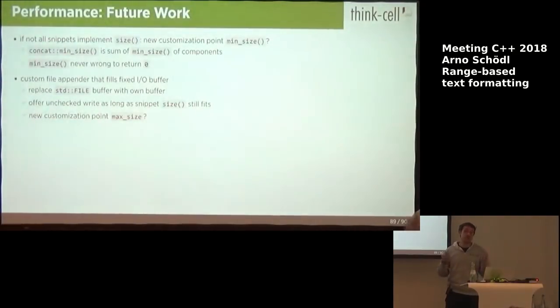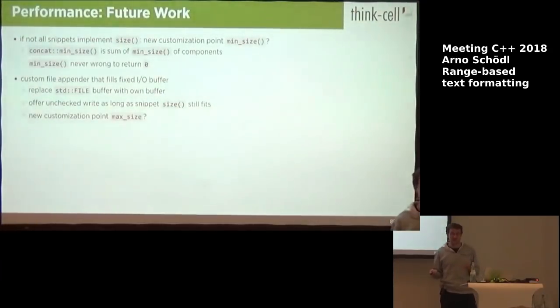But if you knew about that buffer and the buffer size, you could also say in advance, well, my buffer still has 370 bytes left, and if you could tell me your maximum size, and that's no more than 370 bytes, I can omit that end check and just fill the buffer blindly, and save the end check.